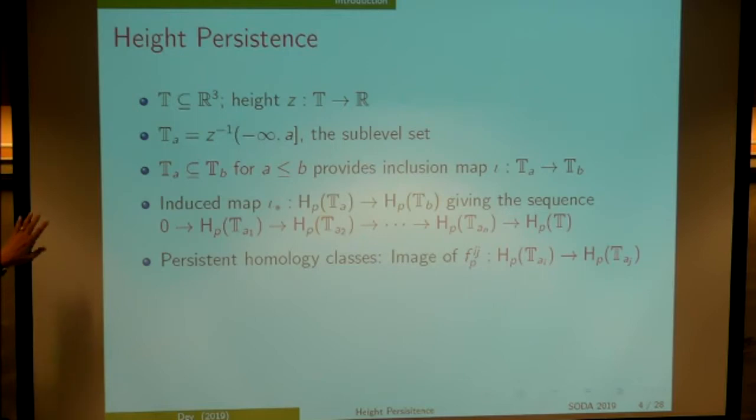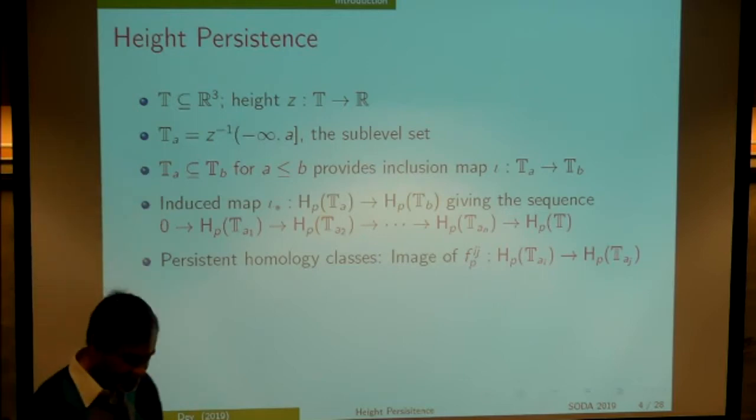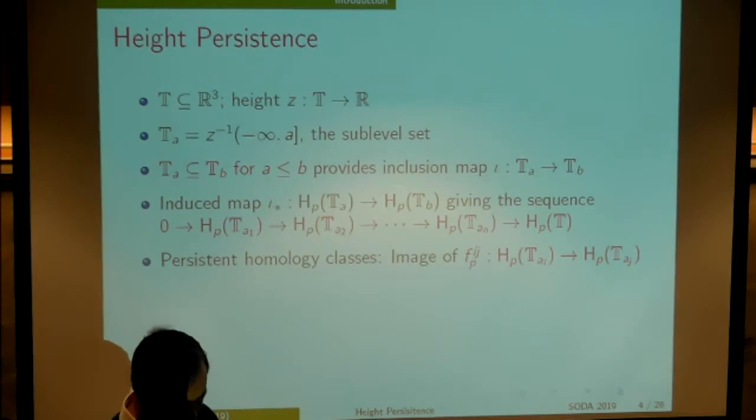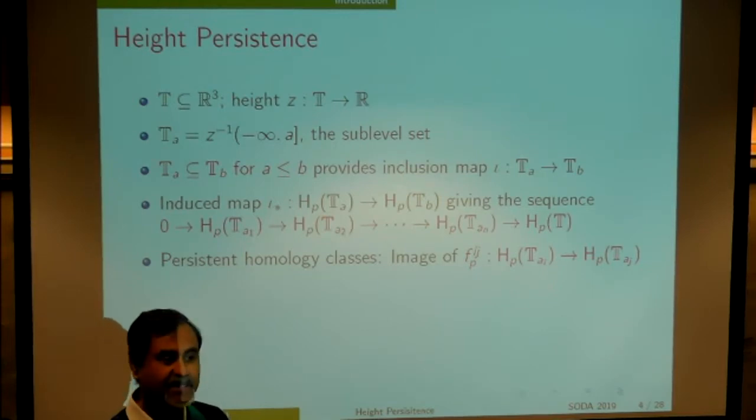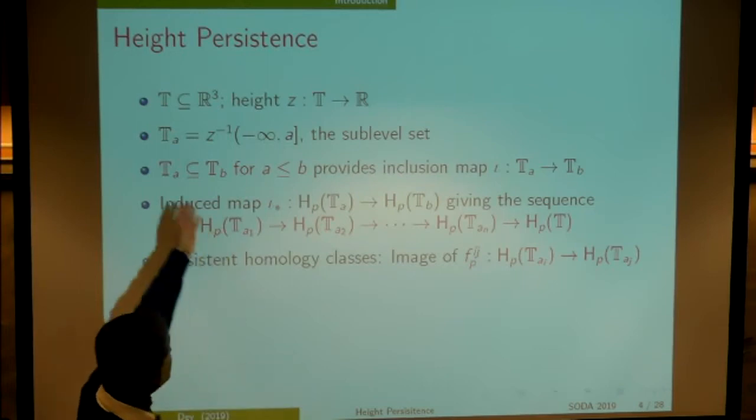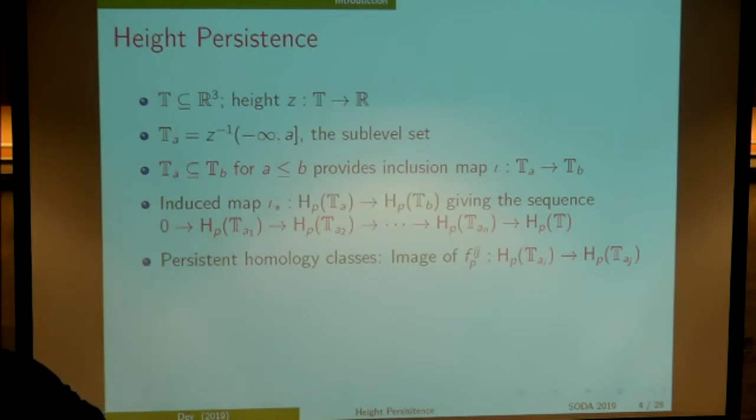Okay, so what is it? Here also there is a difference between the simplicial persistence and this persistence. I started calling it singular persistence because here somehow the singular homology is involved, because you take a topological space, not a simplicial complex.